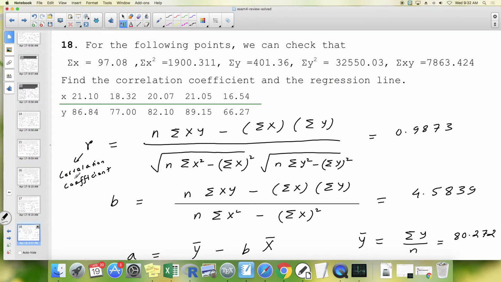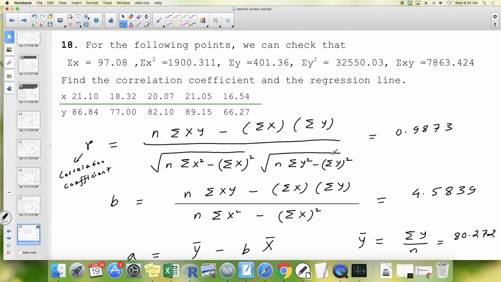So correlation coefficient means R, which is n times, basically this formula. Once again, this formula is in the book, but it is not in the formula sheet. So please make corrections about that. Write this down on your formula sheet.